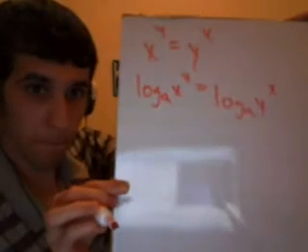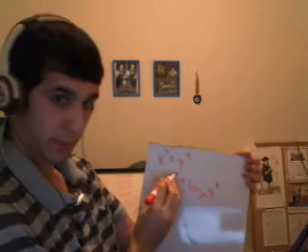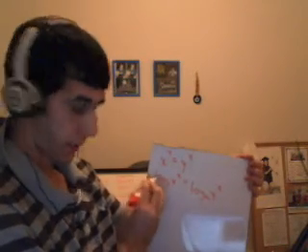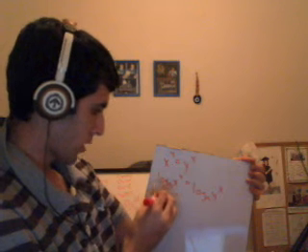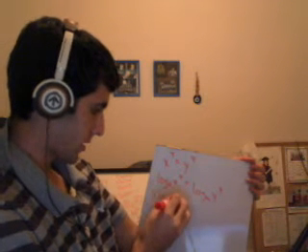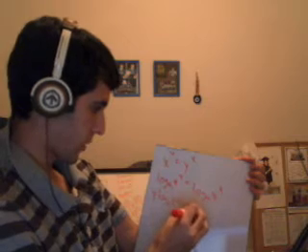Alright? Now, using your simple log functions, you're able to put this exponent on the top here into the front. So, y times log base a of x is equal to x times log base a of y.